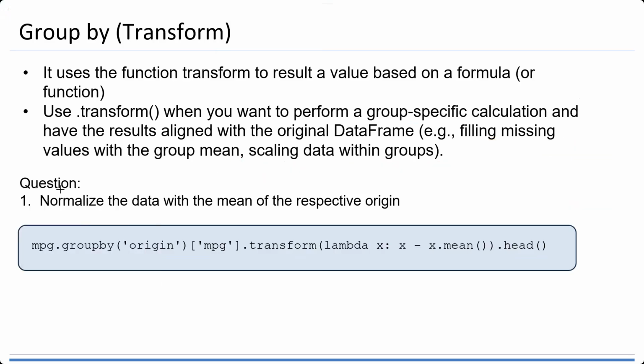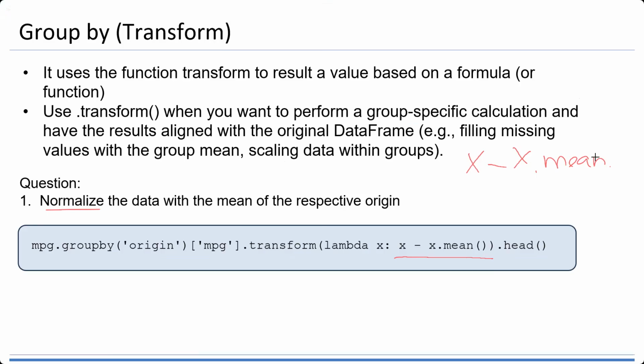Now in this example, I want to use the normalization. What is normalization? The normalization means I have the x data, and then I want to check the average x, the mean.